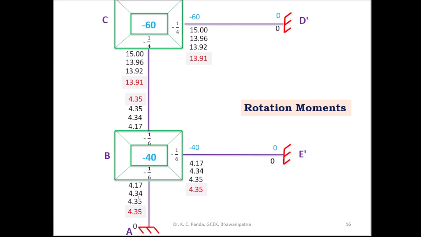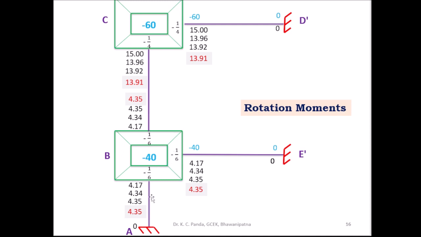So at joint B, find out the second cycle value, that is m dash BA, m dash BE and m dash BC. When you are considering the joint B, here you have to take the rotation moment at the end A 0 and at the end E dash 0. This side you have to take the rotation moment 13.96.